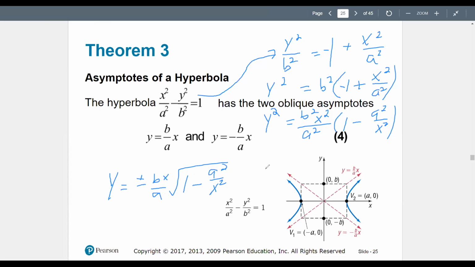Now, what do you think the last step is to do? We have to basically get rid of this part. So now we're going to bring in some calculus.